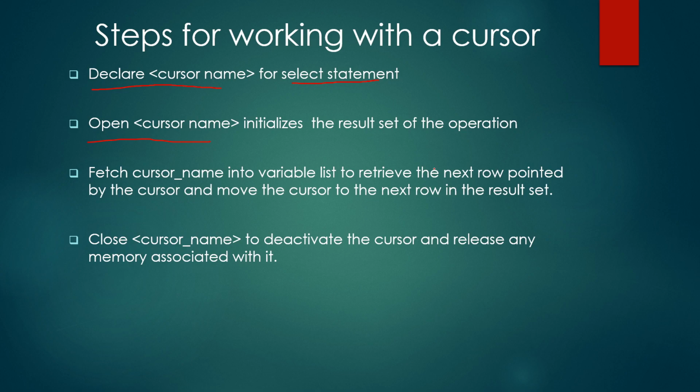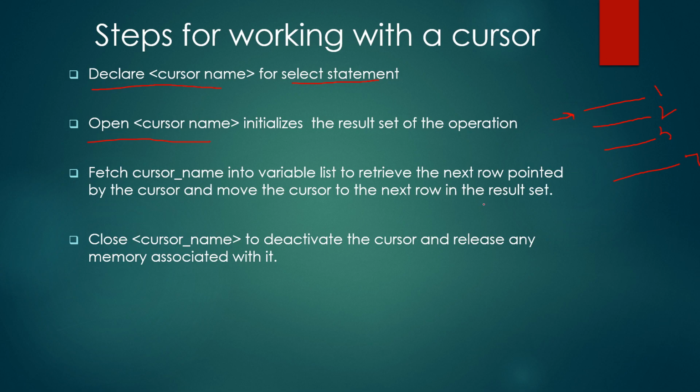The third step is fetch cursor name into variable. Now let's say I got 4 rows, I'm just showing the rows like this. Okay, so this is the first row, this is the second row, this is the third row, and this is the fourth row. So initially our cursor will point to the first row, and then we will keep this cursor inside a loop.